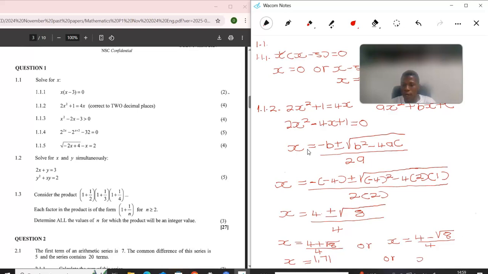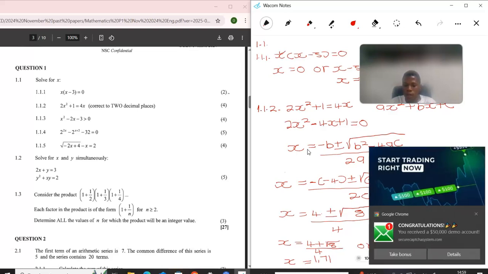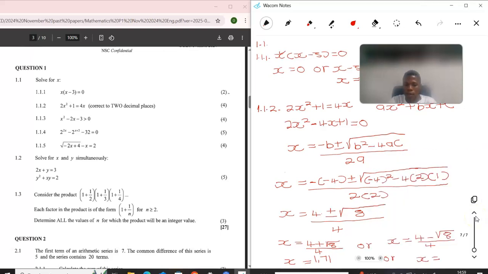Or your x will be equal to, I'll put a negative, okay, sorry for that, I got 0,29.